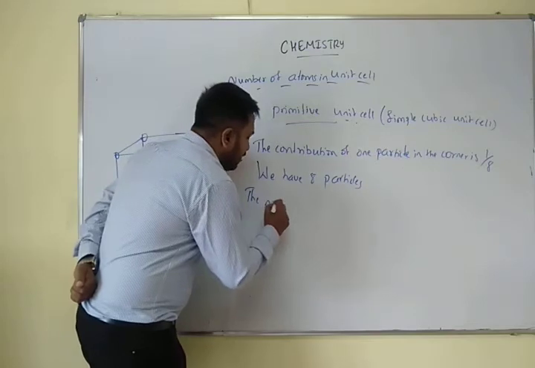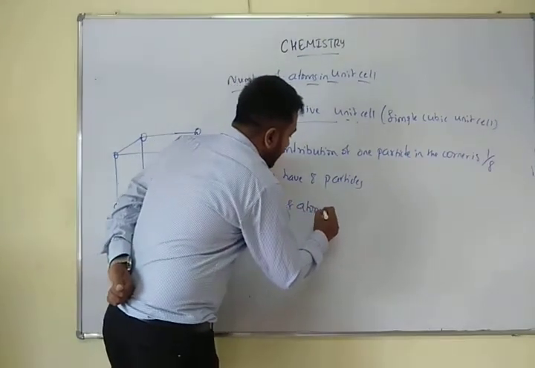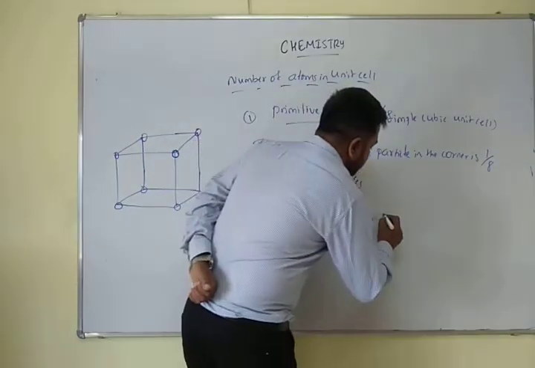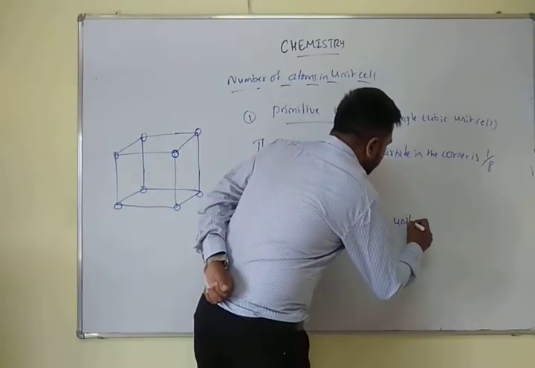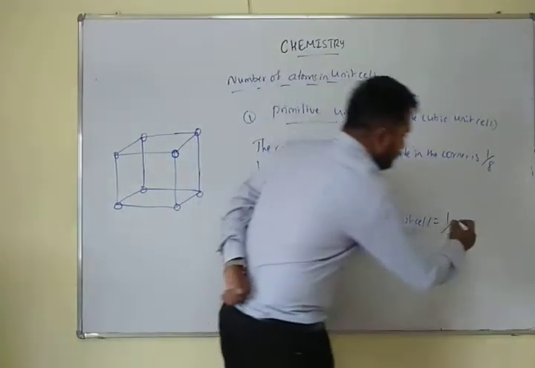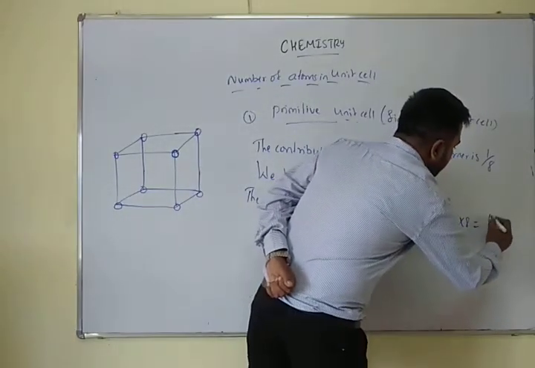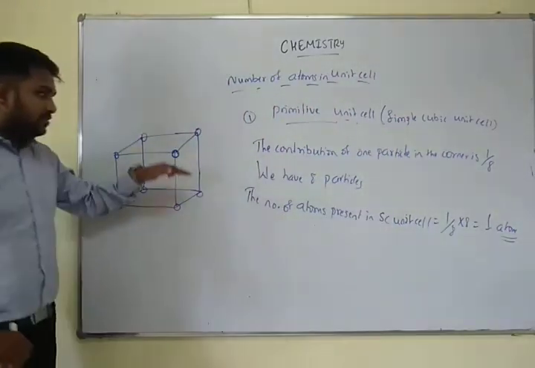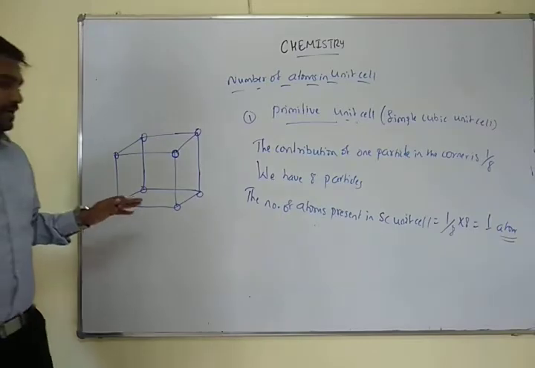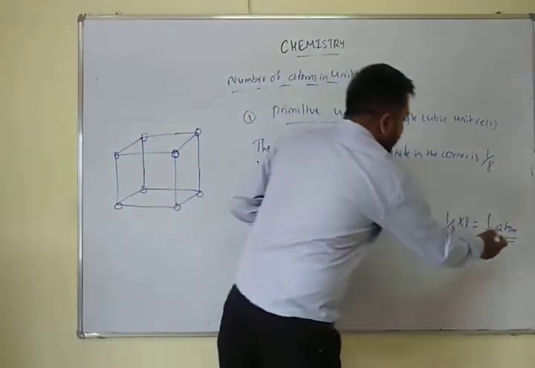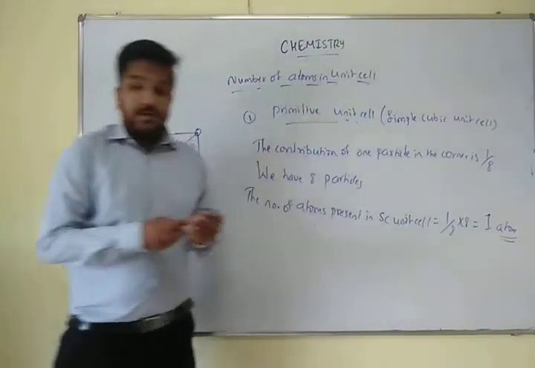So the number of atoms present in a simple cubic unit cell is 1 by 8 into 8. So it is 1 atom. This whole unit cell comprises of only 1 atom. So this is the number of atoms present in the unit cell.